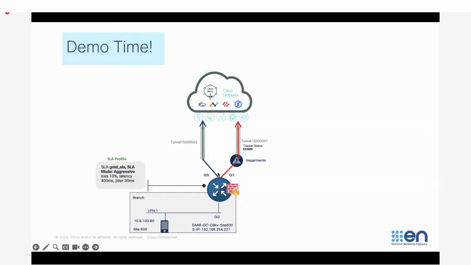Then I'll add a loss of 12% on this interface, and we will see the traffic going to the backup tunnel when we see the degradation, and then we will remove the loss. So these are the steps that we will do.